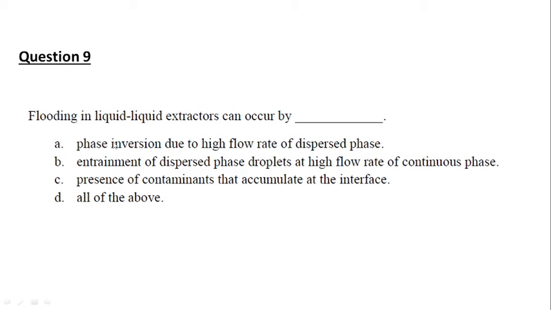Question number 9: flooding in a liquid extractor can occur by phase inversion due to high flow rate of dispersed phase, entrainment of dispersed phase droplets at high flow rate of continuous phase, presence of contaminants that can accumulate at the interface, all of the above.